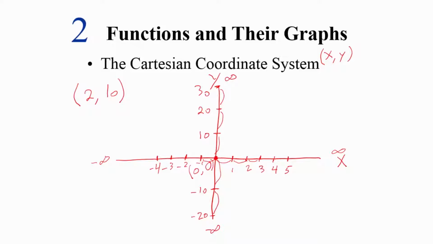Here is x of 2, here is y of 10. From x of 2 I come up to y of 10. This point here is identified as the point with the coordinates of 2 and 10.